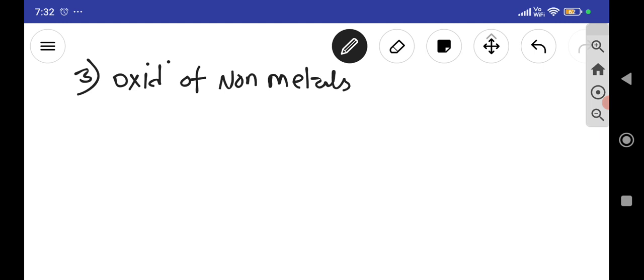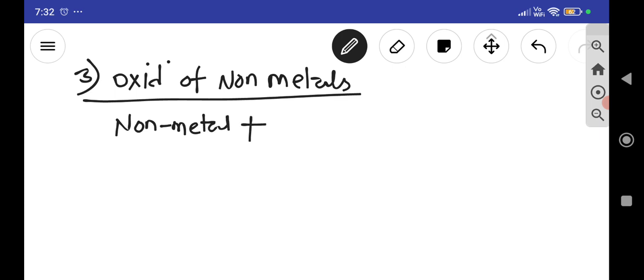Now third method is oxidation of non-metals. So what is meant by oxidation? So the general equation, if you write: non-metal reacting with an acid gives acid plus water plus its oxide.